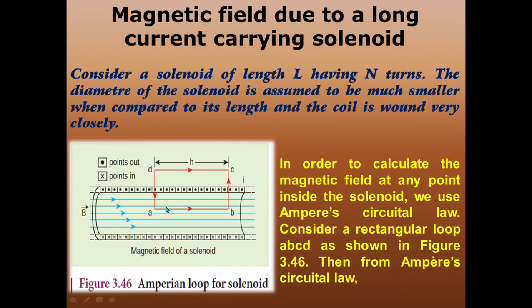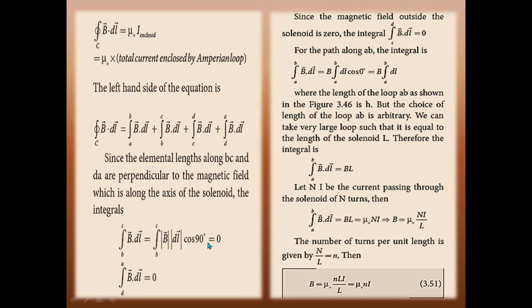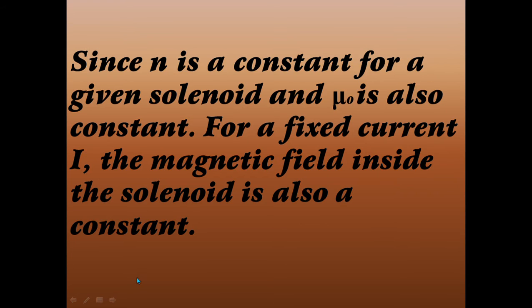So cos 90 degree is nothing but 0, and 0 into anything is 0. Similarly D to A also 0.